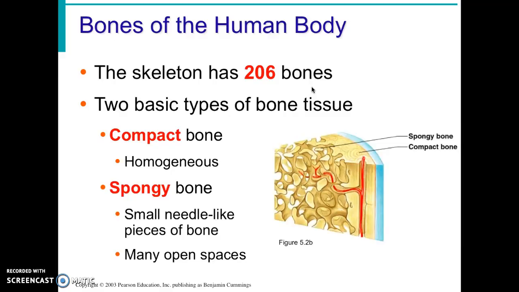There are two basic types of bone tissue: compact bone and spongy bone. Spongy bone is small needle-like pieces of bone, and there are many open spaces. You can see right here where they're pointing to the spongy bone in this picture, and the compact bone here.